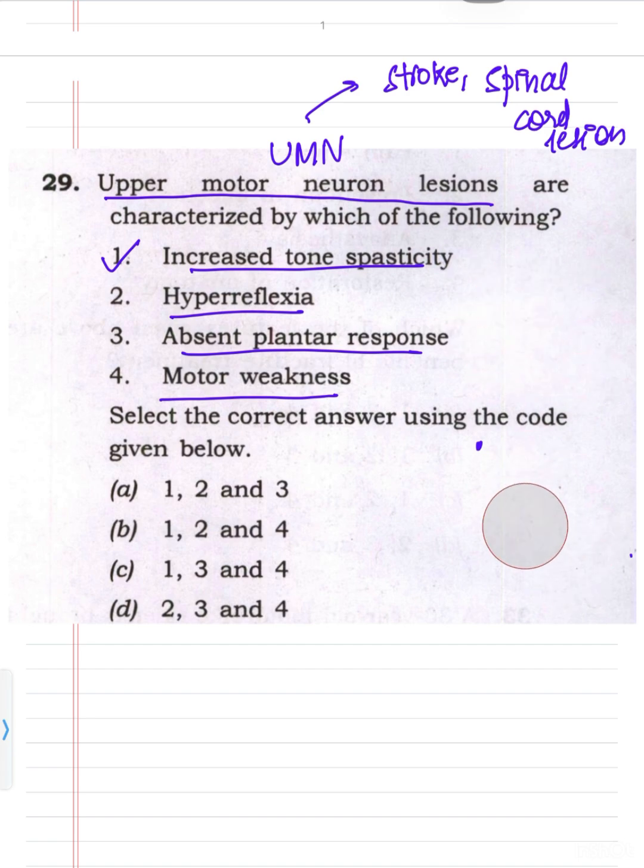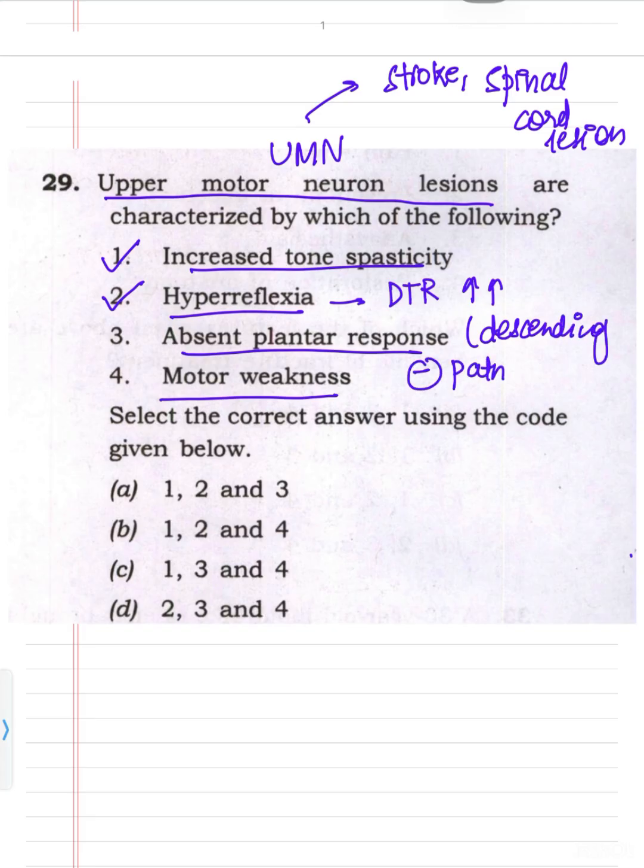Coming to the second option, hyperreflexia. So in this, the deep tendon reflexes become exaggerated. So this is also correct. Why? Because descending inhibitory pathways are lost.